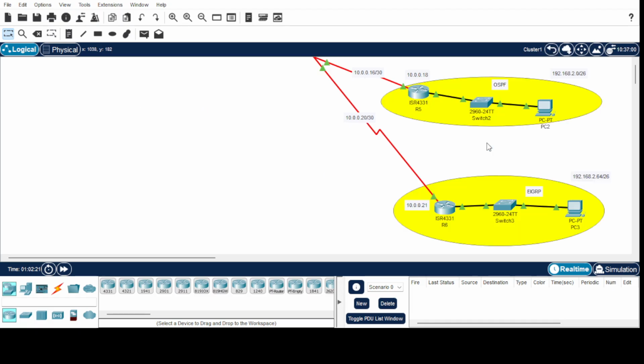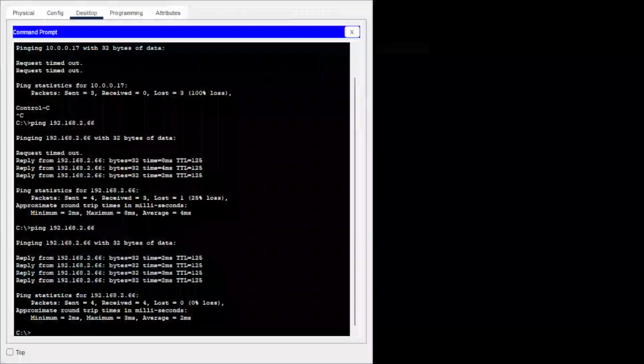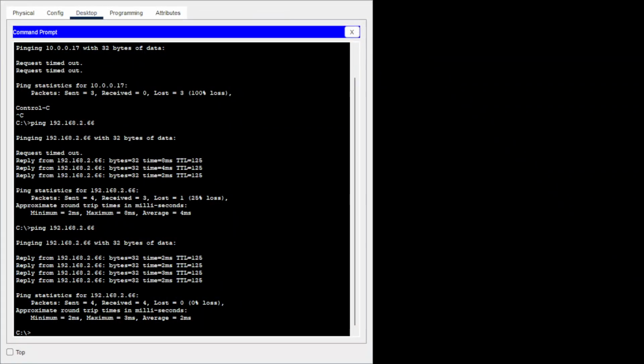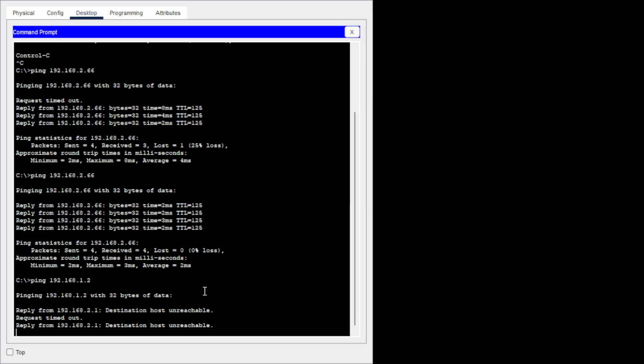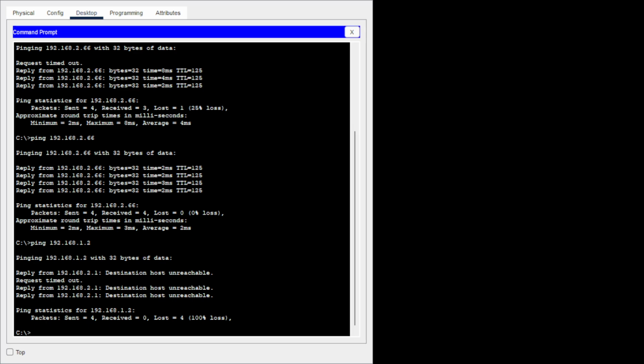Again going to PC number 2, I will try to ping cluster 0 PC1, 192.168.1.2, which gives destination host unreachable.